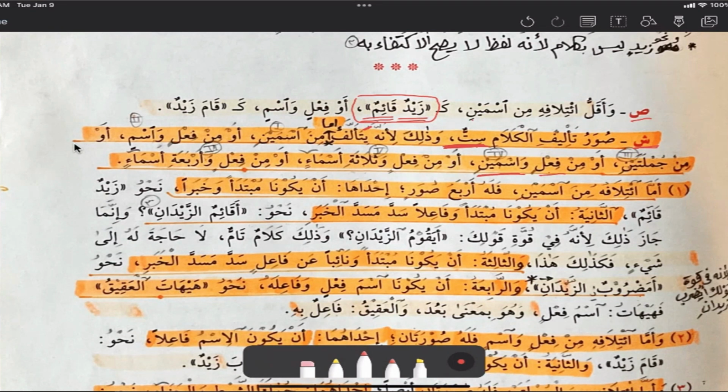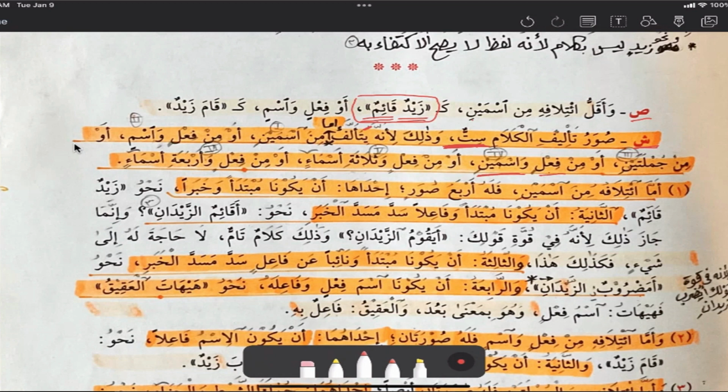Now, concerning its being composed of 2 nominals, that has 4 scenarios.